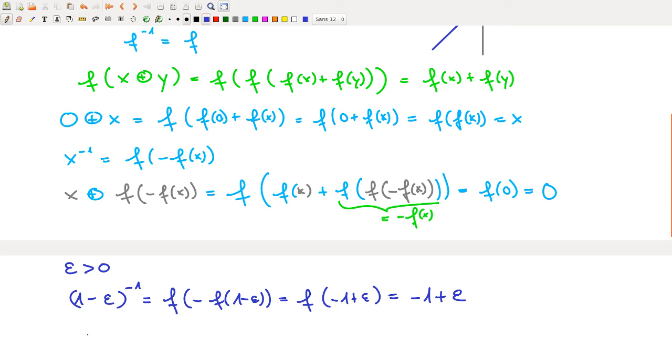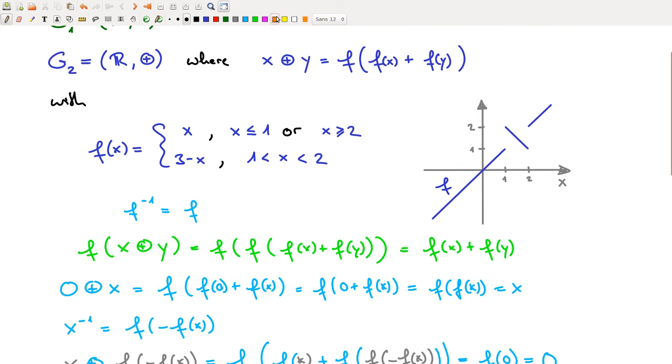Now let's take a point that's nearby 1 plus epsilon and calculate its inverse. Now we get f of minus f of 1 plus epsilon. But now we are to the right of this discontinuity. So we are somewhere up here, and we have to use the 3 minus x here for calculating f of 1 plus epsilon.